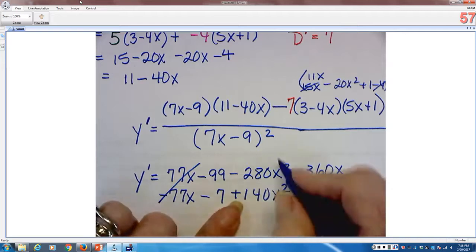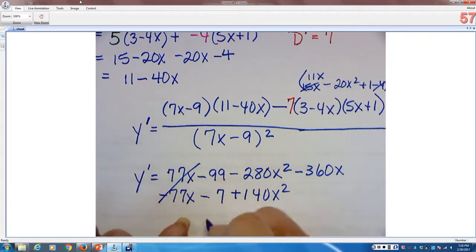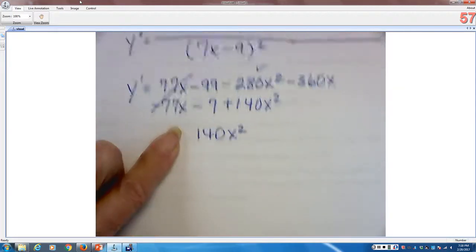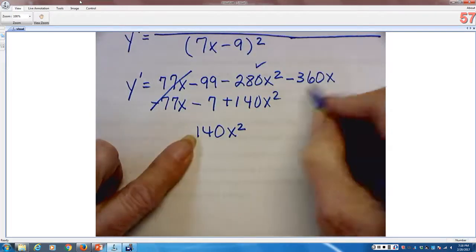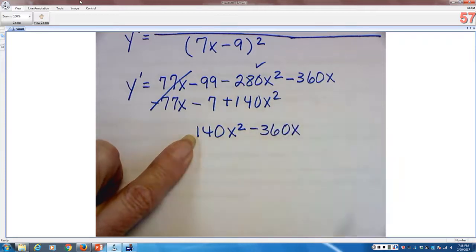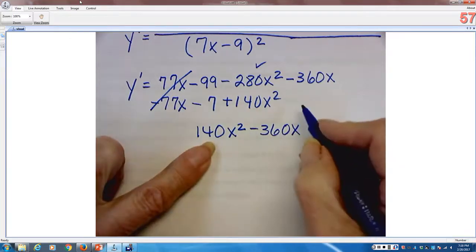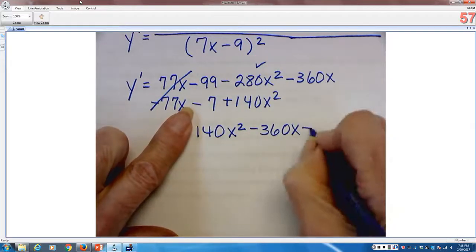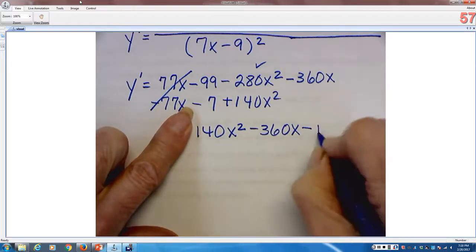Let's kind of put these terms in the right order. This is going to be positive 140x squared, to take care of those two, minus 360x, and minus 106.